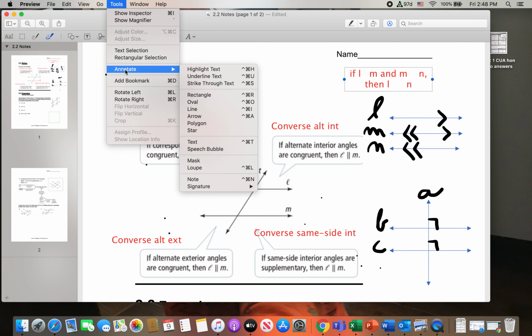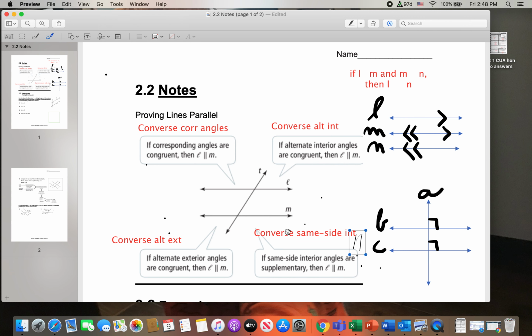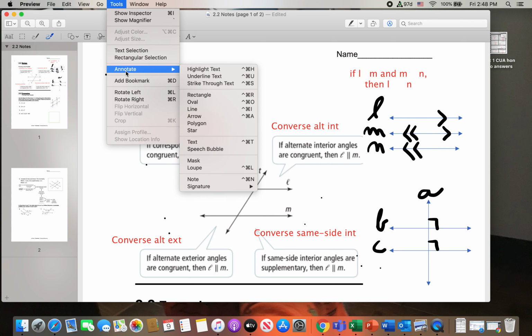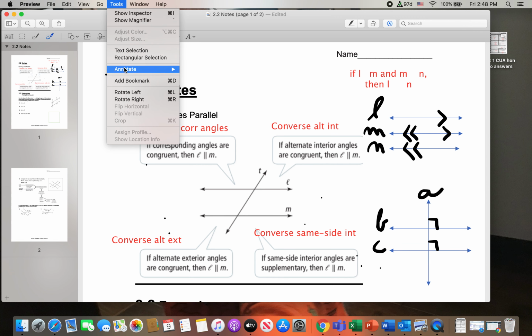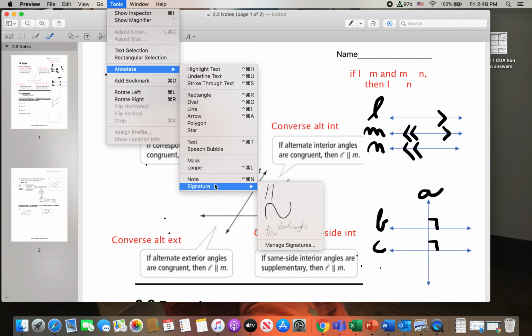Go to your tools, annotate, signature, and I've already put two parallel lines. Let me start that again. If you had to create it, so annotate, signature, let's get rid of this one. Okay, try again. Tools, annotate, signature, and let's say we're going to make a new one.